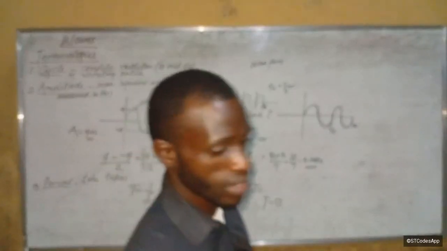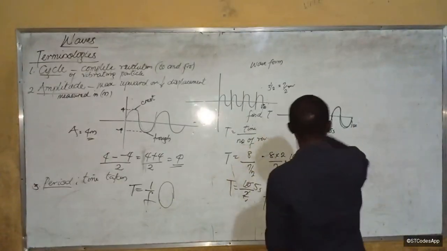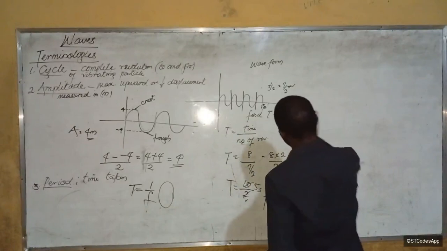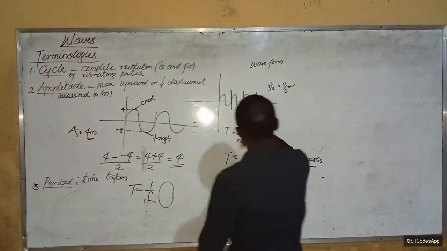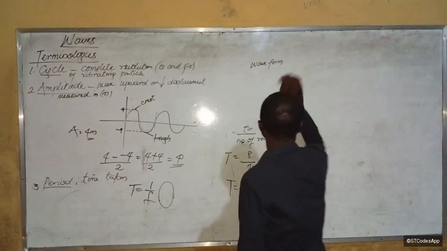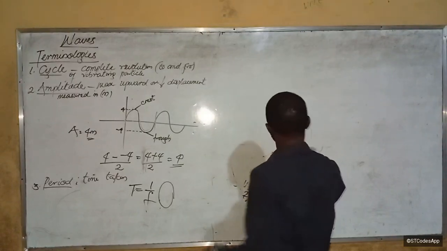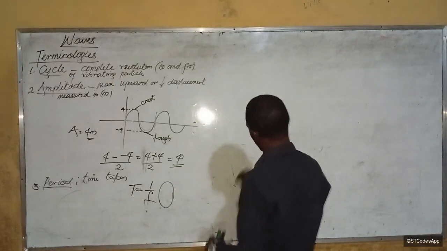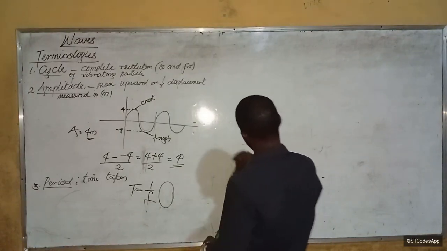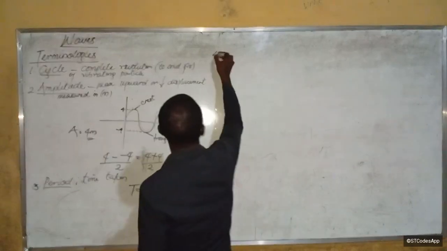So let's go to f now, so I will know what f is. Alright, frequency. The next one is number 4.